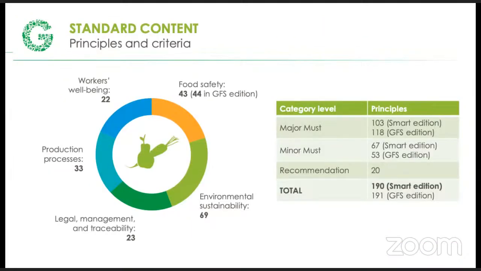Okay, so zooming in a little bit more, and basically there are 191 principles, as they call them, that you have to align to. And these principles are categorized in terms of major, minor, and a recommendation.